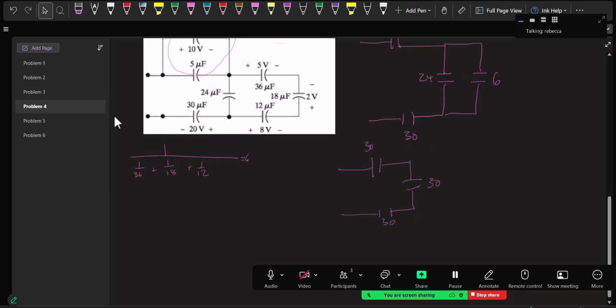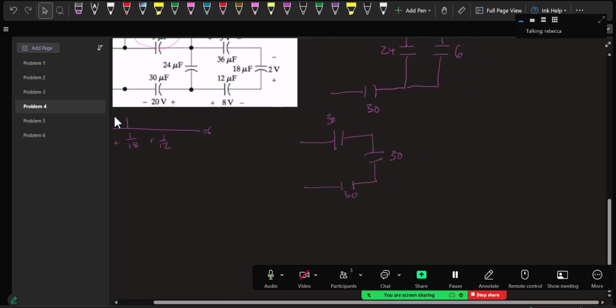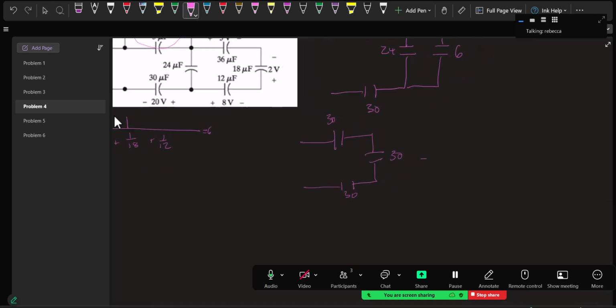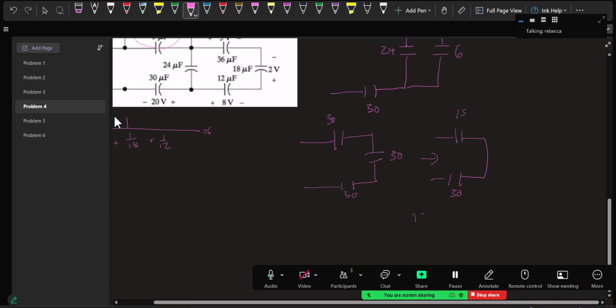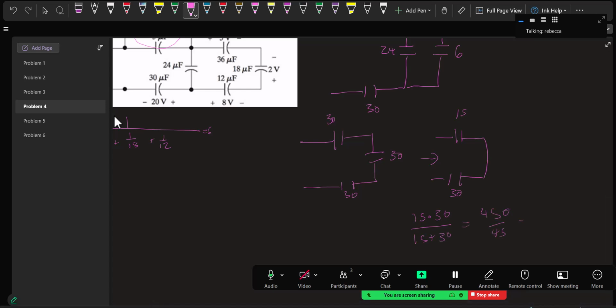And will the equivalent capacitance be a third? Will it be 10? I think it will be, but let me just double check that. The two 30s will be 15. So then I have a 15 and a 30. And then I would have 15 times 30 over 15 plus 30, which is 450 over 45, which is 10. So our answer would be 10 microfarads.